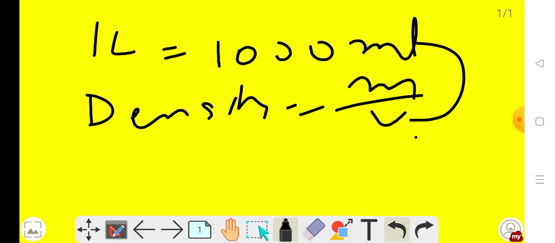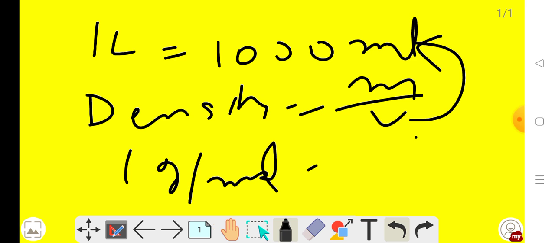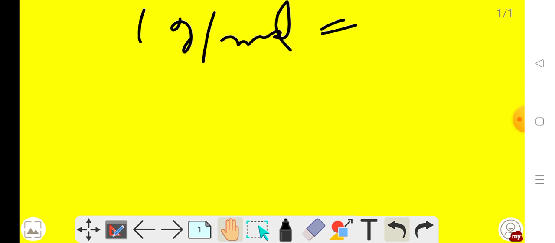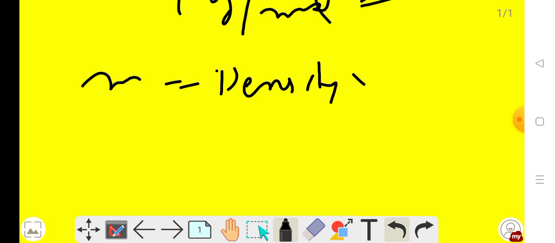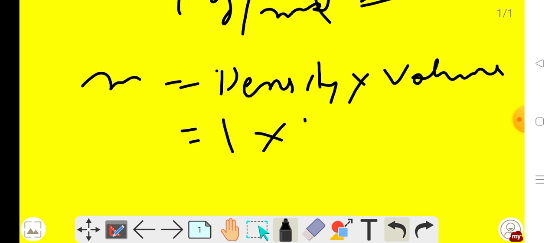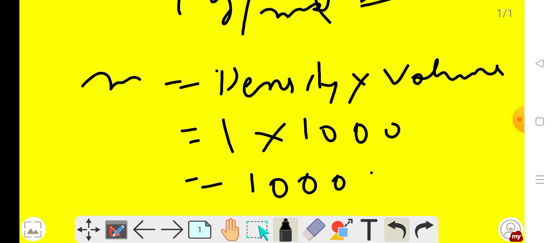Volume is 1000 ml and density is 1 gram per ml. So mass equals density into volume. Density is 1 and the volume is 1000 ml, so we get 1000 gram.